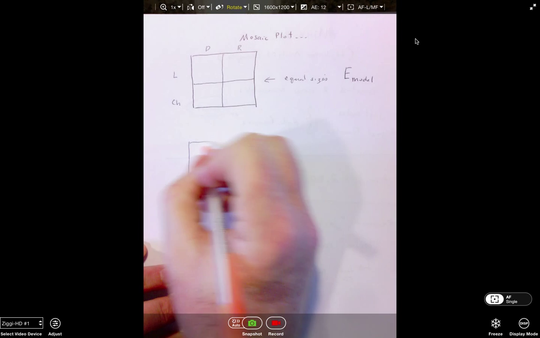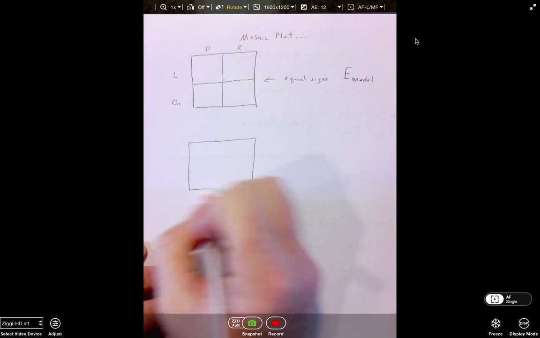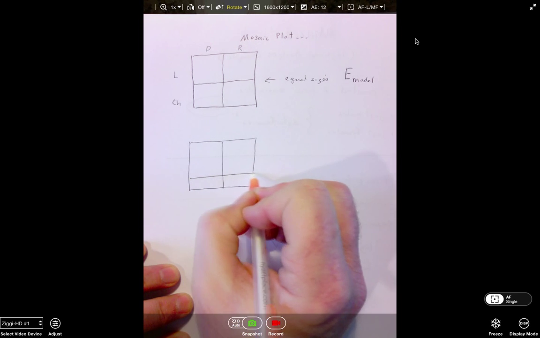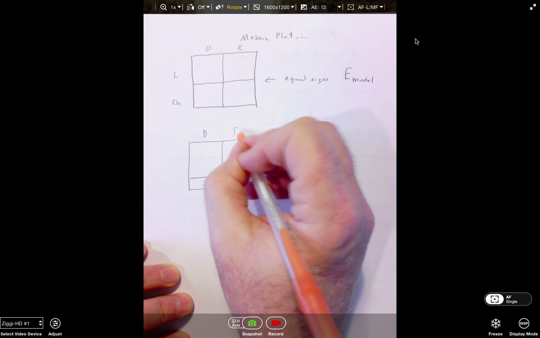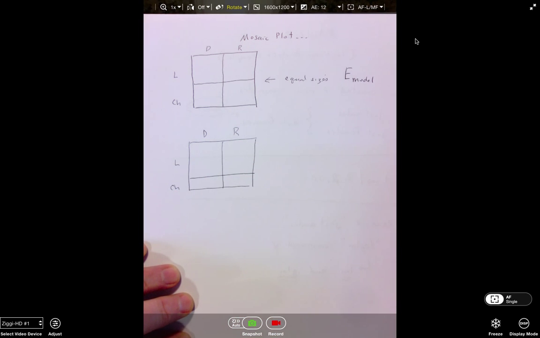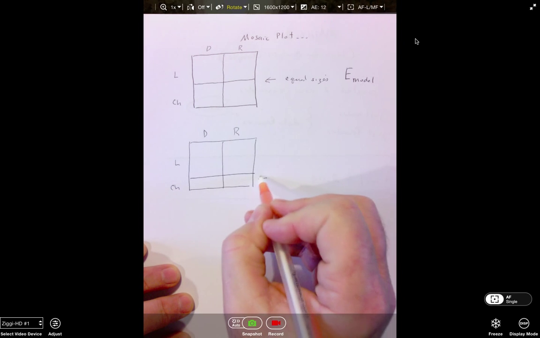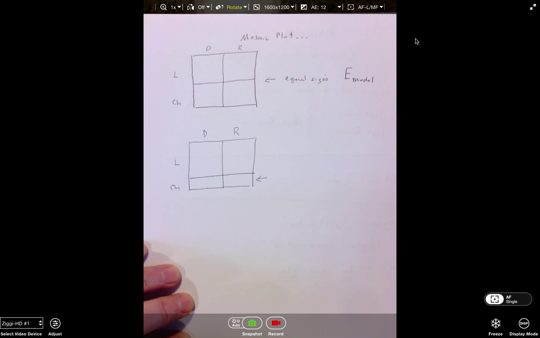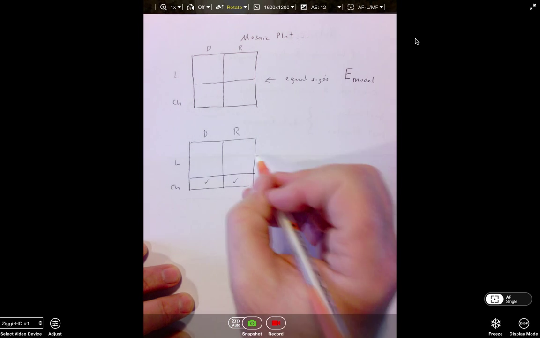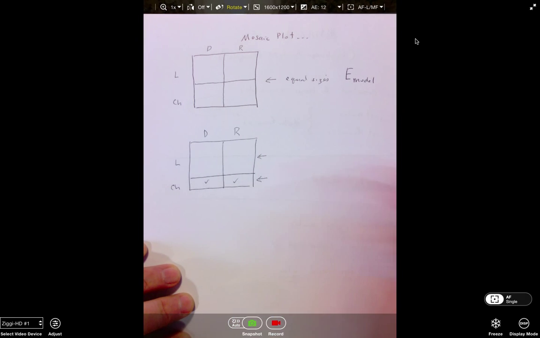We could get something like this, across Democrat and Republican and pro-life and pro-choice. What this tells you is that the expected values across choice are the same for Democrat and Republican, and the expected values across life are the same for Democrat and Republican.